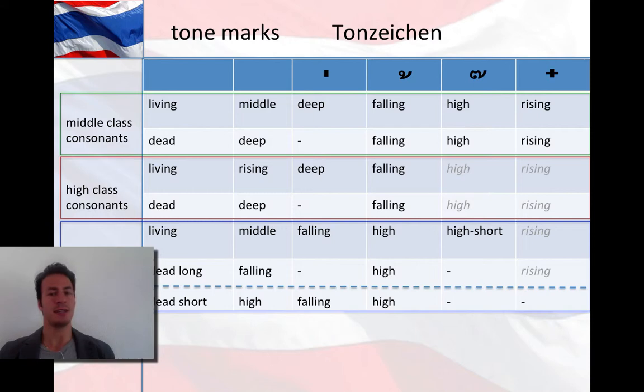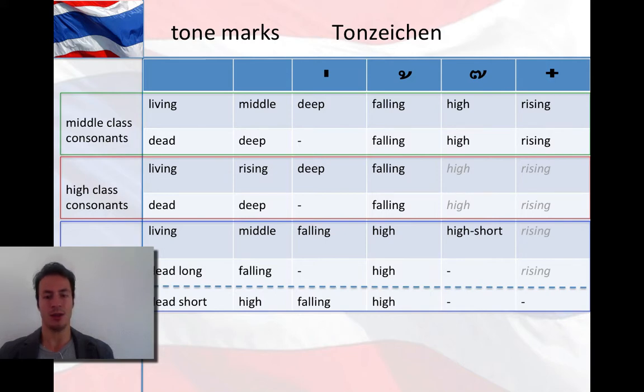Diese Tabelle zeigt eine Übersicht über die Verwendung der Tonzeichen, hier im Verschnitt mit den einzelnen Konsonantengruppen und Arten von Silben, lebend, tot, wie wir sie ja bereits zuvor unterschieden haben. Und ja, bitte lassen Sie sich nicht aus der Ruhe bringen, es sieht schwieriger aus, als es ist. Please do not get too anxious about this.